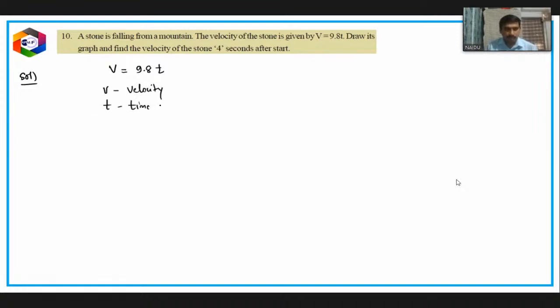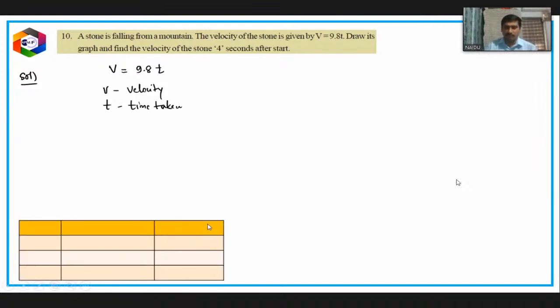T is time taken. So now for this relation it is asked to draw the graph. Children, again the same method. Since we know the equation directly, I am going to plot the points. So the equation is V = 9.8T.